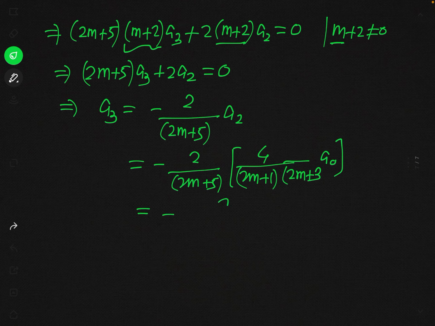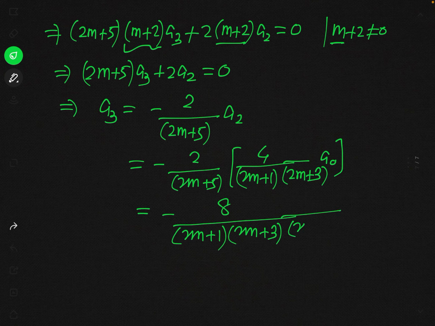So this will be minus 8 divided by 2m plus 1 into 2m plus 3 into 2m plus 5 into a0. And in this way you can find all other coefficients like a4, like a5 and so on. So we can get all other values. So there is no need to find all such values.